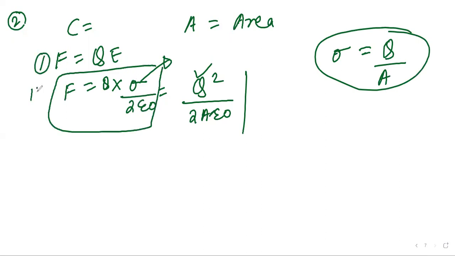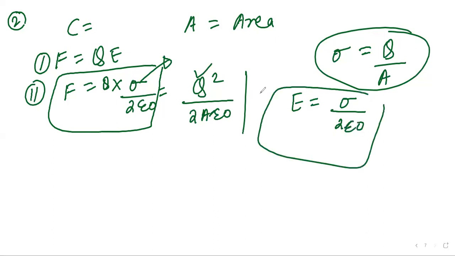F is nothing but force, and E is your electric field, given by sigma upon 2 epsilon naught. So please remember these three formulas: 1, 2, and this is your third. We are not getting a distance term here. It was asked in 2018 in AIPMT. Write it down fast.